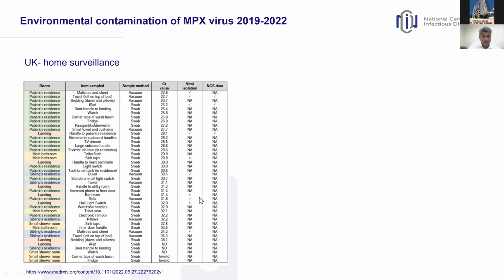For the detection of viable virus, the CT value actually goes up to 31.6. 31.6 from a vacuum shows the virus can still be viable. So this is very interesting data, because 31.6 is generally not a high viral load, it's a low viral load, but it's still culturable.